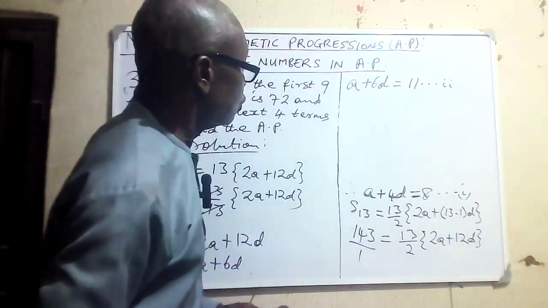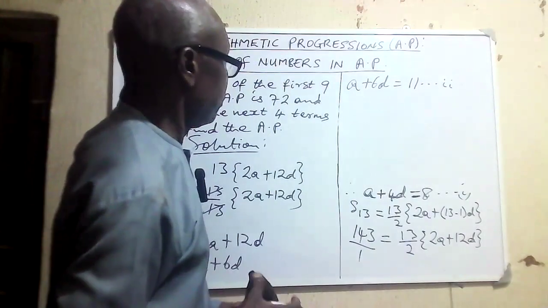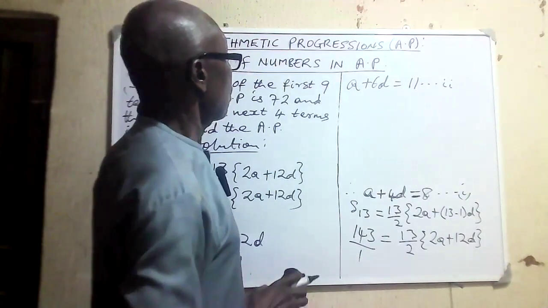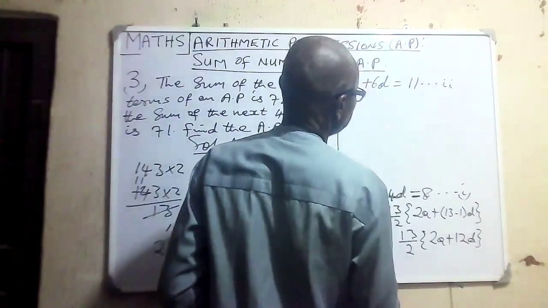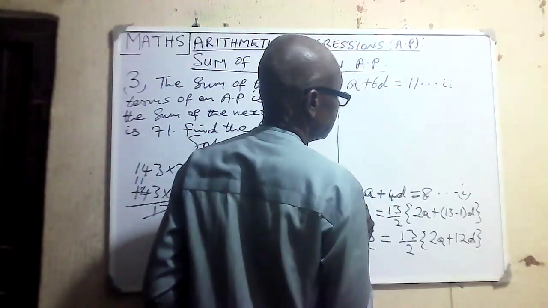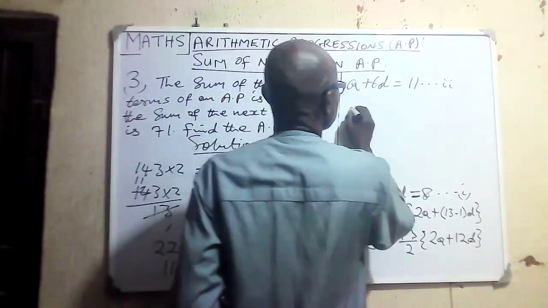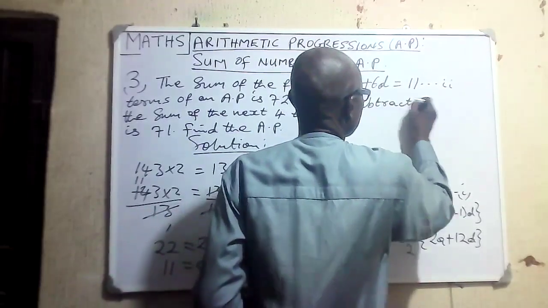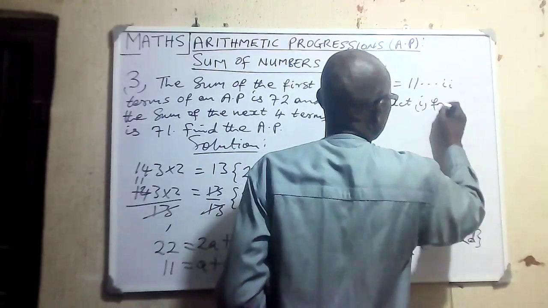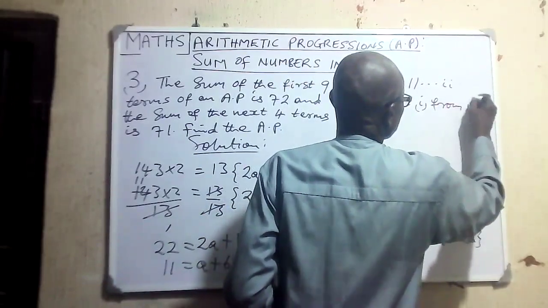We have to bring the 2 together and then simplify. So by looking at it, we can subtract equation 1 from equation 2.